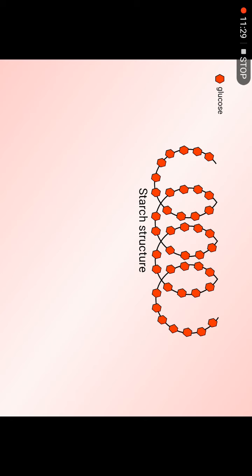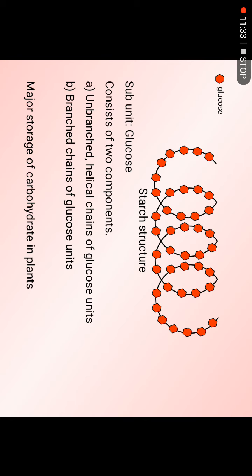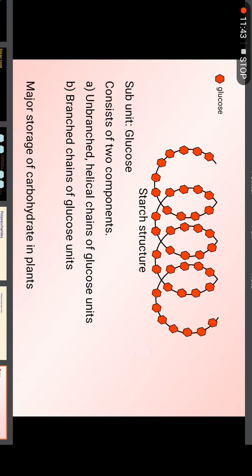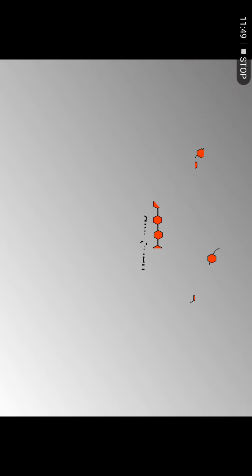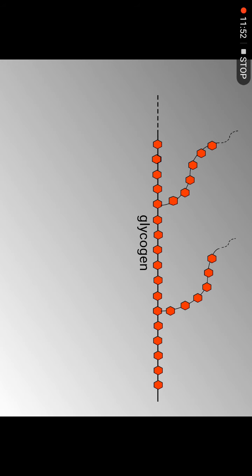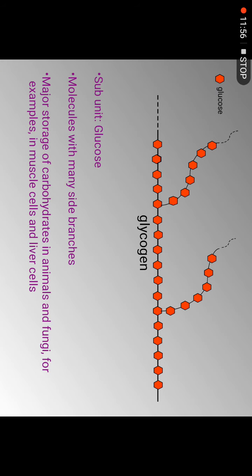They join together like a chain, and they are called starch. Their subunits, their monomers, are glucose, and they can be branched or unbranched. The one shown here is unbranched. If you have branches, it will be a more complex one. The branched one will become the glycogen.